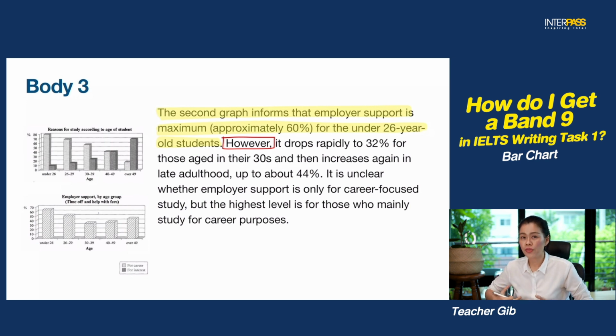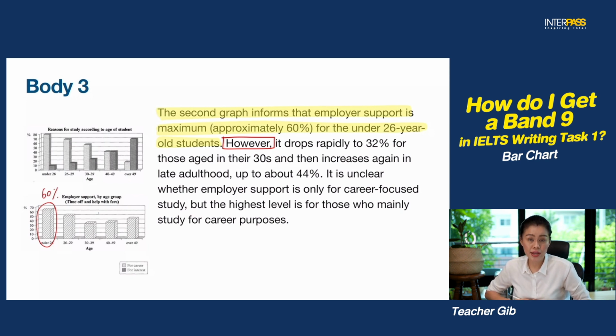So we're starting with body number 3. Of course, the first sentence is the topic sentence. The second graph shows that employer support is maximum for the under 26-year-old students, which is here, and they give the information in parentheses, 60%. However, here comes the transition again.